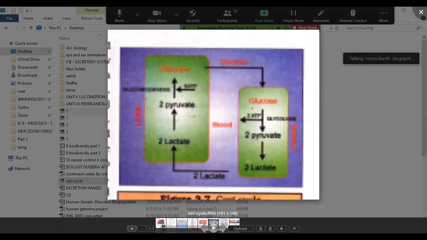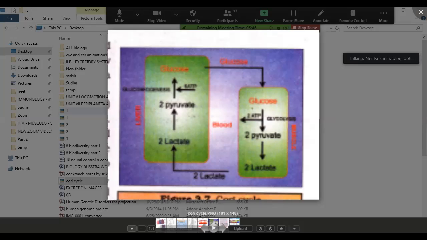That pyruvate will convert into lactate. Again, this is a cycle actually. The 2 lactates will be converted into pyruvates, then into glucose.